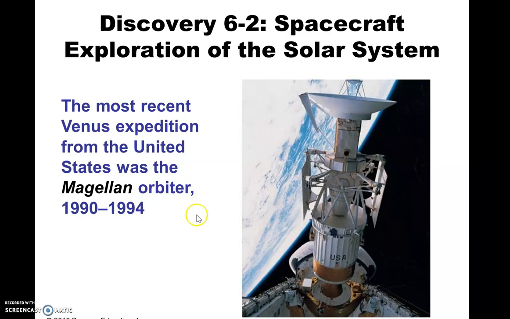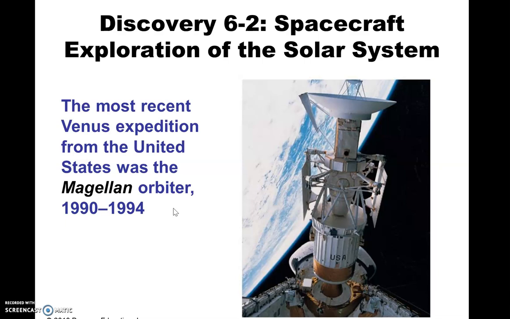In more detail, in the 1990s, the United States sent up the Magellan orbiter. This thing did not land on Venus, but it orbited it over a number of years, as you can see here, and gave us an incredibly detailed map using radar.